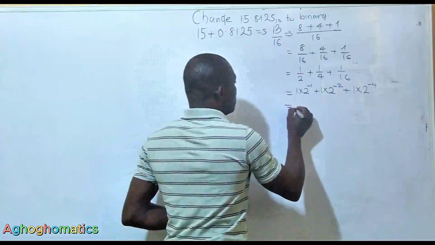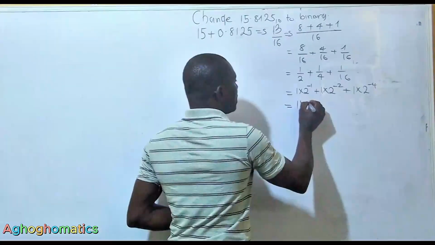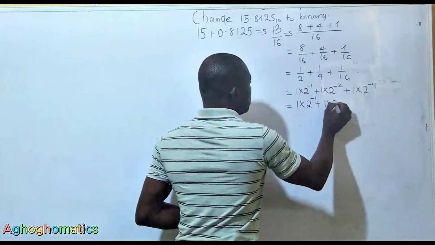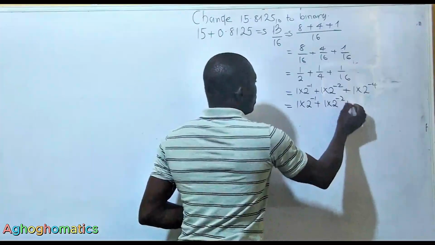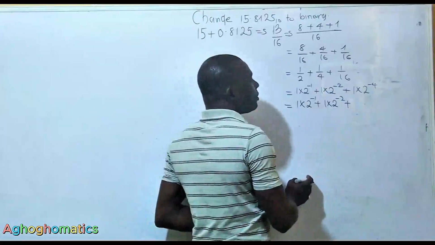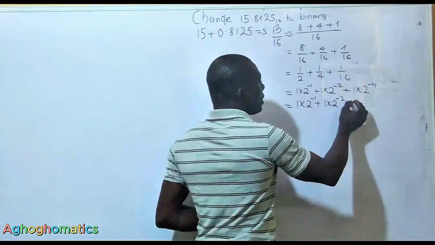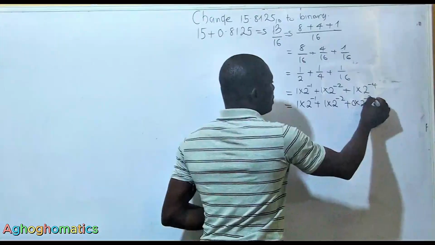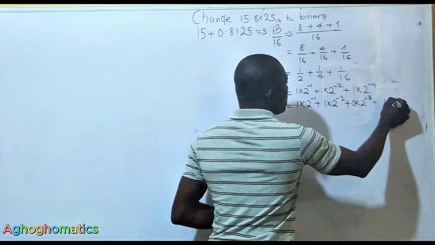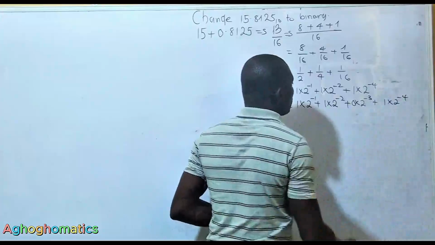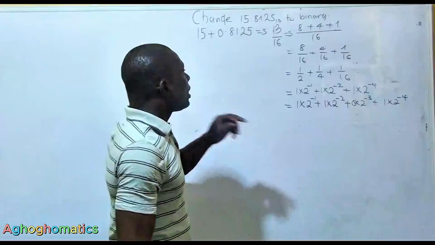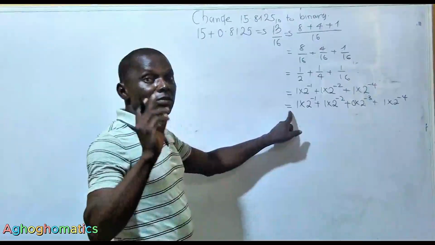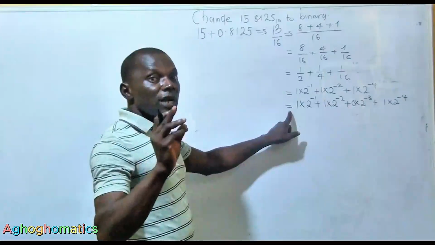So here you can say this is 1 times 2 raised to minus 1, plus 1 times 2 raised to minus 2, plus 0 times 2 raised to minus 3, plus 1 times 2 raised to minus 4.